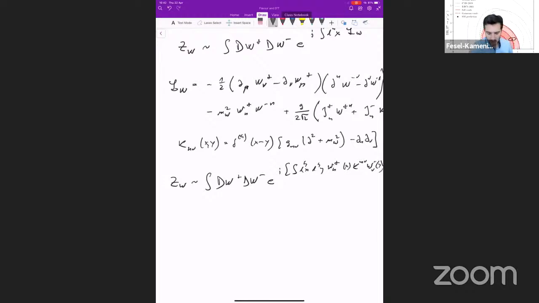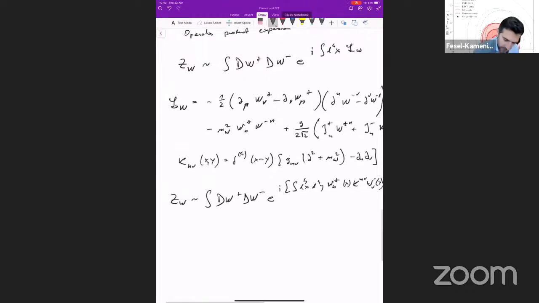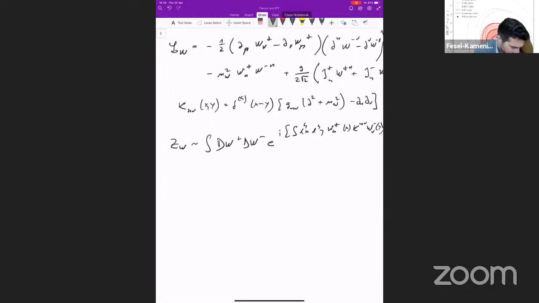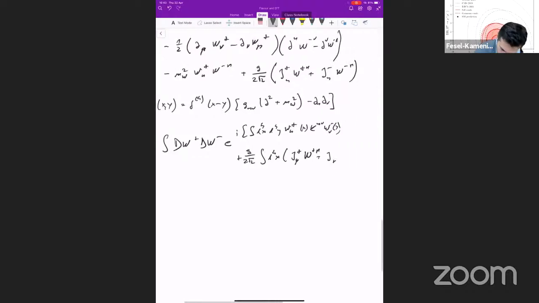You can check by performing explicitly an integration over y, for example, of the difference between x and y, that one recovers the original first two terms in the action, plus the coupling to the currents, which is of course unchanged: integral d4x, J mu plus W mu minus, plus J mu minus W plus mu.